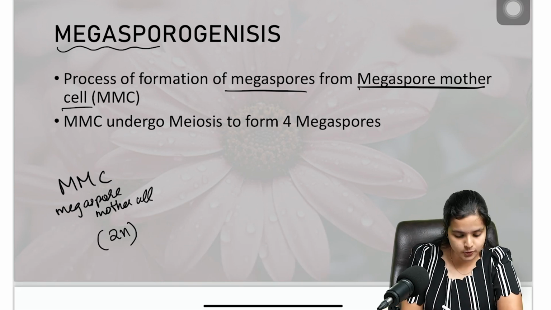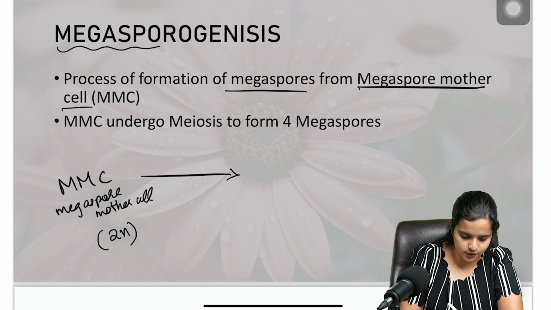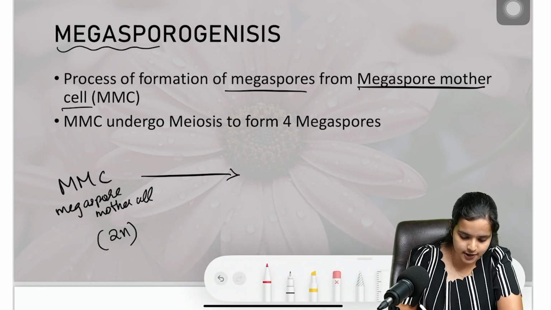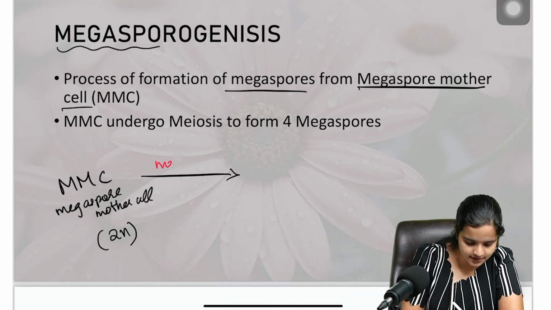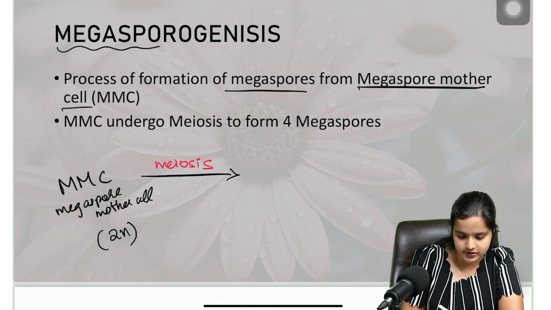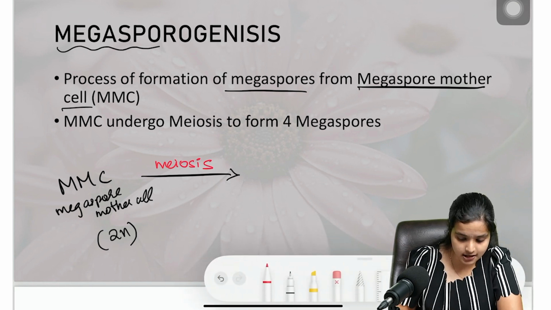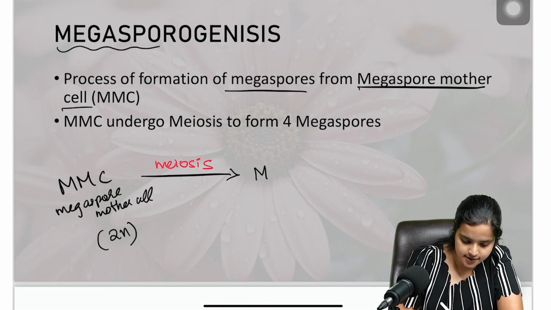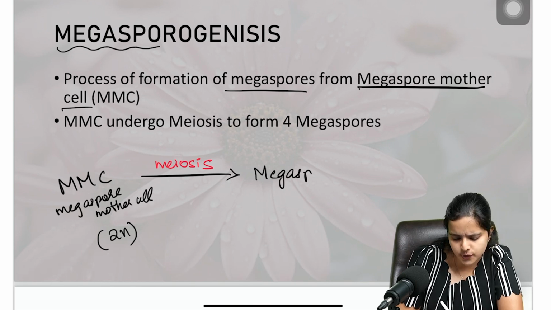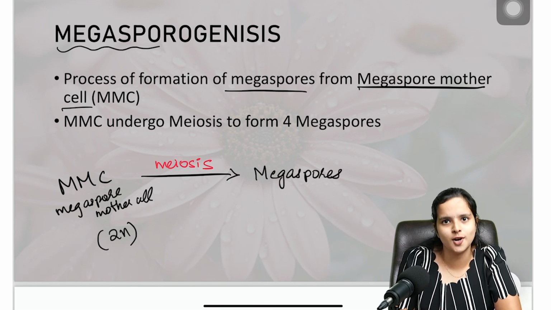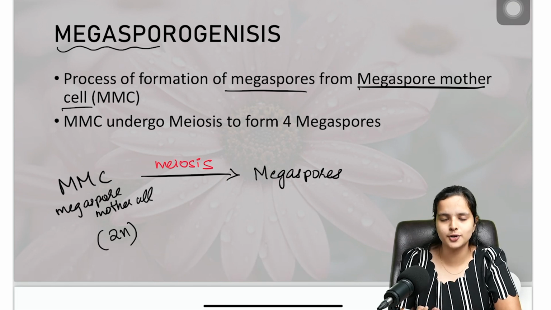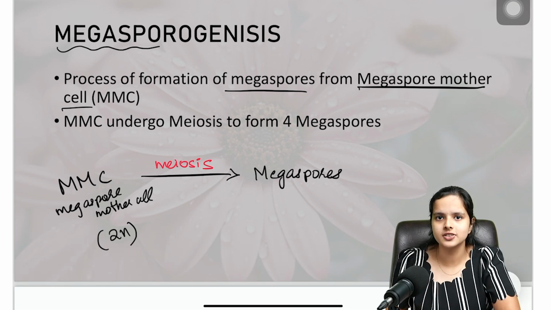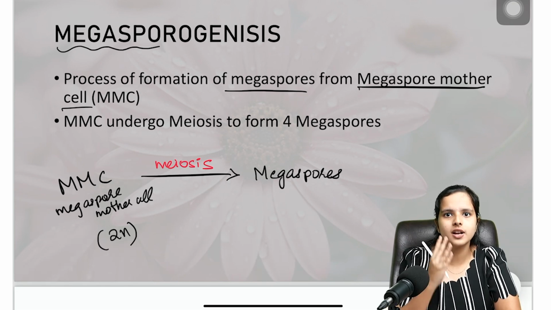And this megaspore mother cell undergoes meiosis. What do you get as a result? You get the megaspores. How many megaspores would you get? Of course, it's meiosis, so when a cell undergoes meiosis, it would obviously give 4 cells.